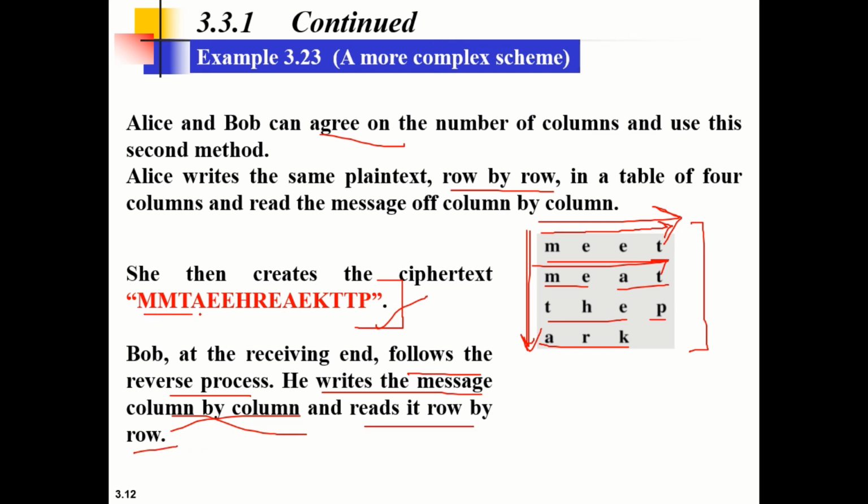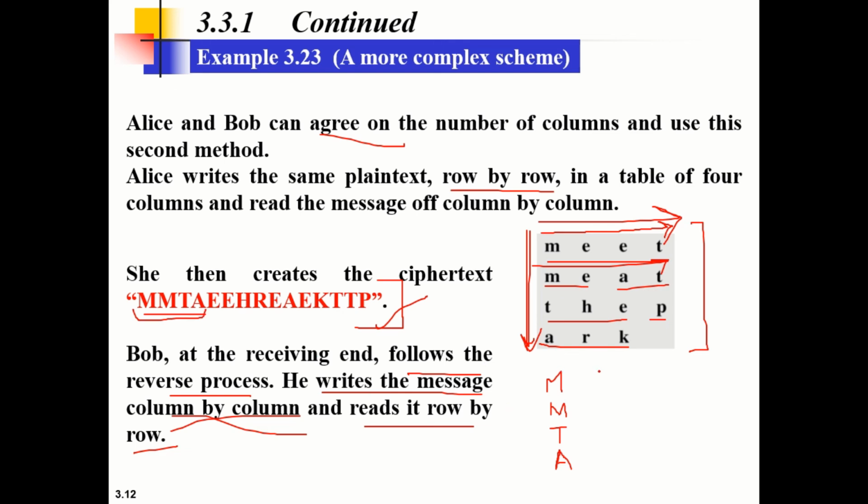So we can check for this. Say, for example, here we will be writing it column by column. So the first letter, second letter, third letter and fourth letter. So these letters I am taking, right?